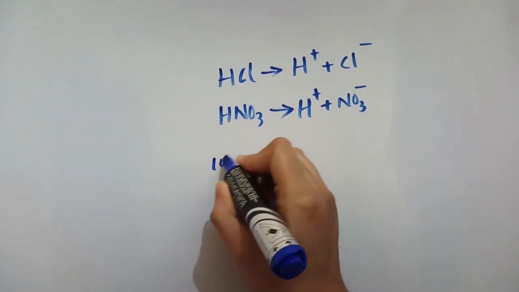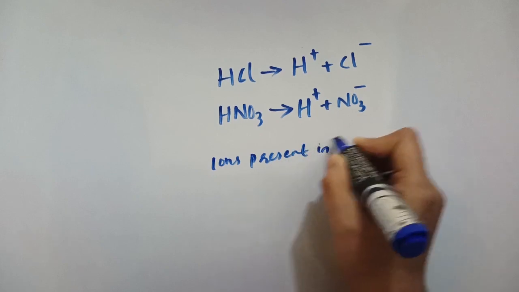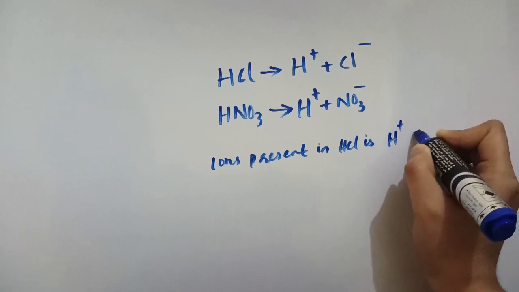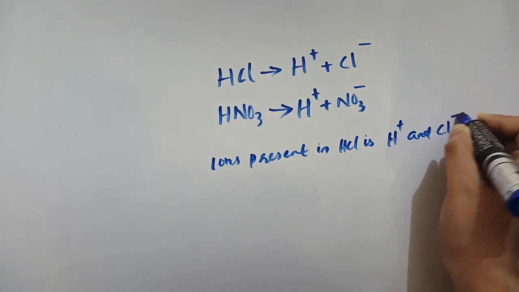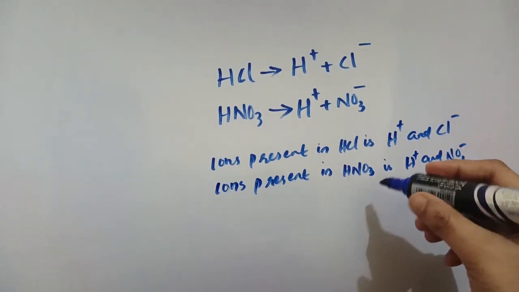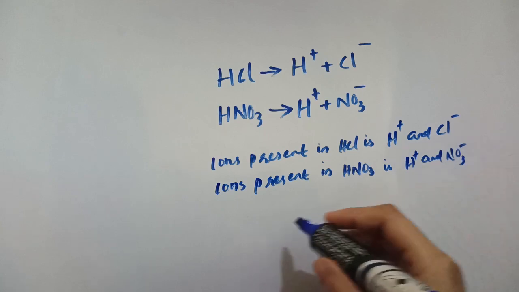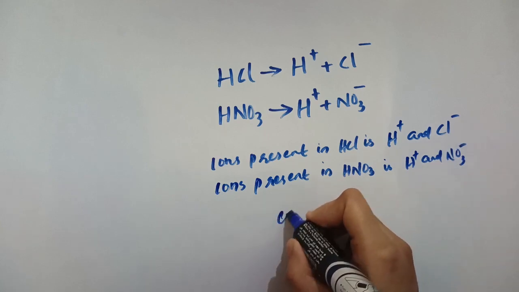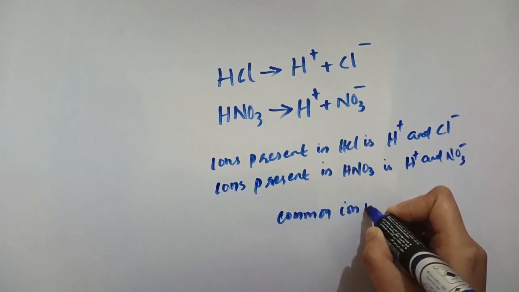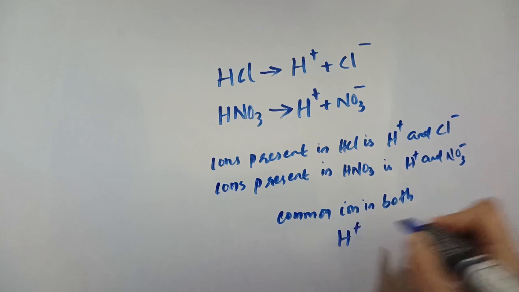Therefore, the ions present in HCl are H plus and Cl minus. Similarly, the ions present in HNO3 are H plus and NO3 minus. Then we can say the common ion in both is H plus.